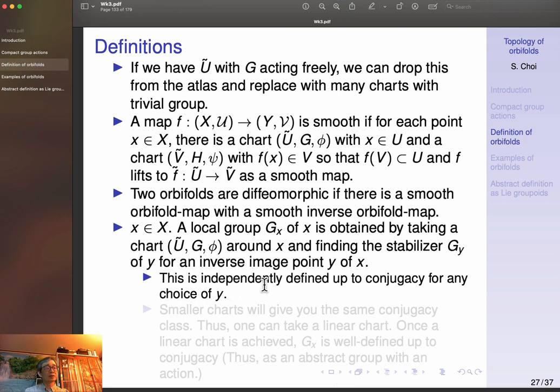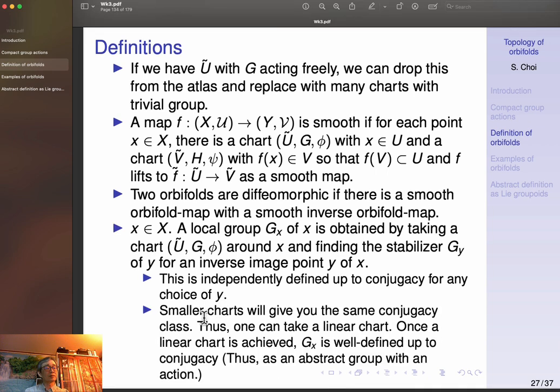But it is independently defined up to conjugacy for any choice of y, and so it's also chart independent. If you choose a smaller chart, it will give you the same conjugacy class, because whatever chart you use for x, the local action will be the same: one can take a linear chart, and once a linear chart is achieved, then G_x is well defined up to conjugacy there, and whatever chart contains it will have the same stabilizer, okay?